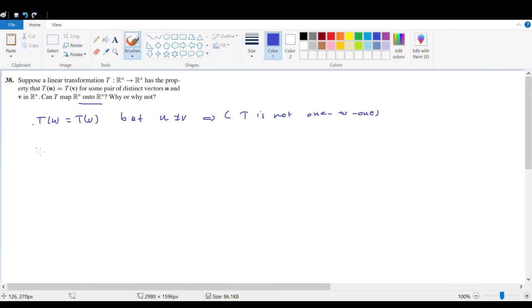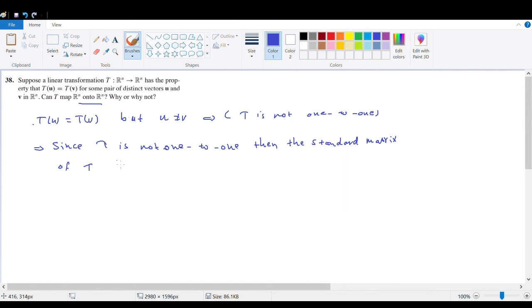So from here, since T is not 1 to 1, then the standard matrix of T, which is A, has linearly dependent columns.